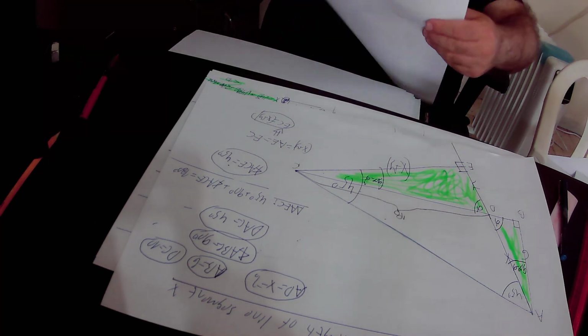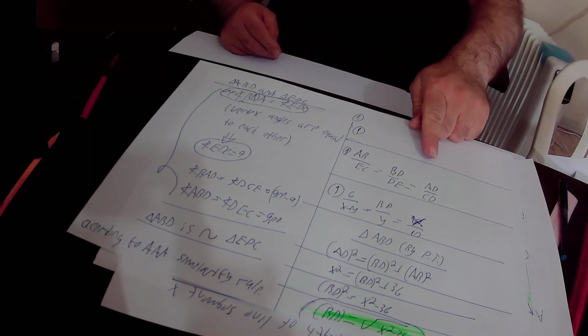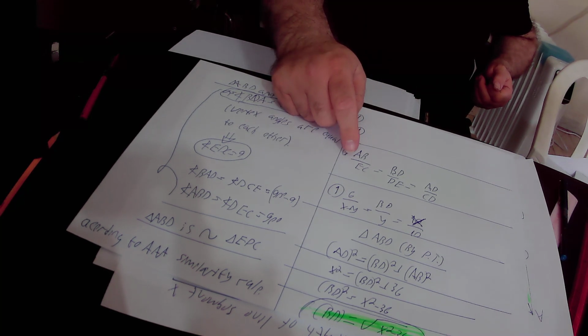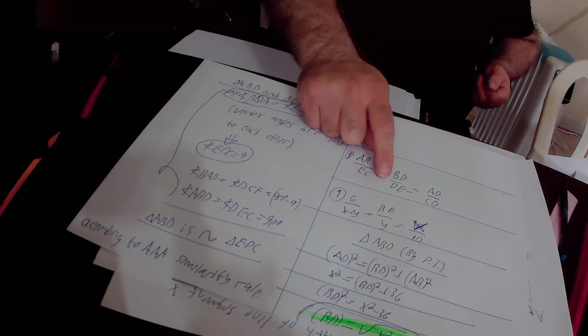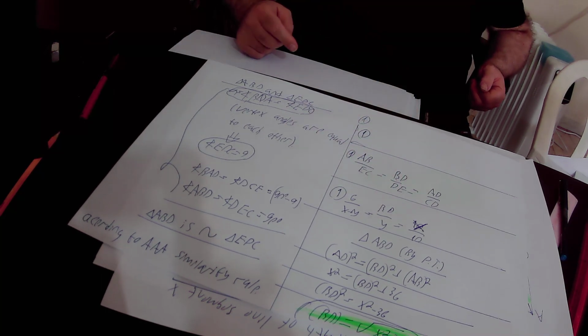Okay? AB equals 6 units, EC equals x plus y, BD is BD, DE equals y, AD equals x, and CD equals 10.